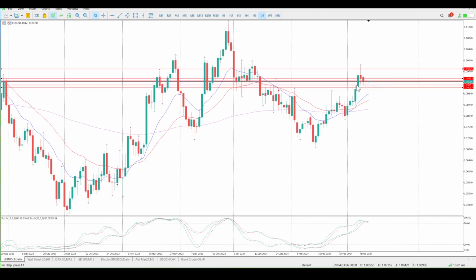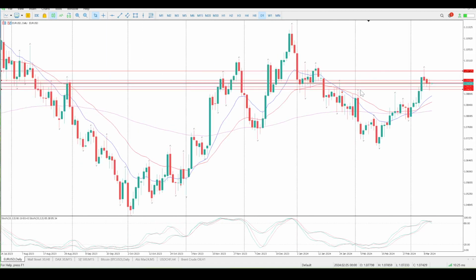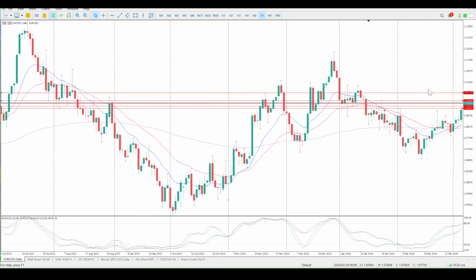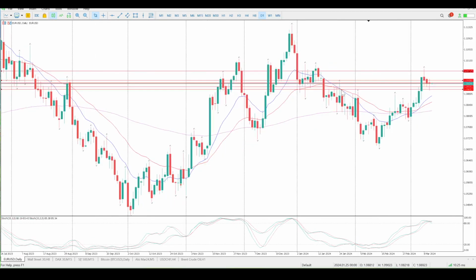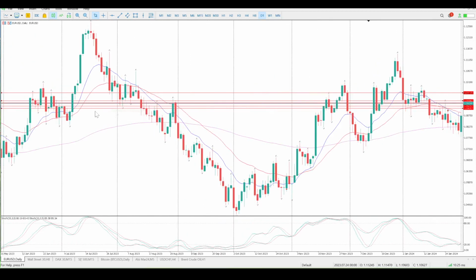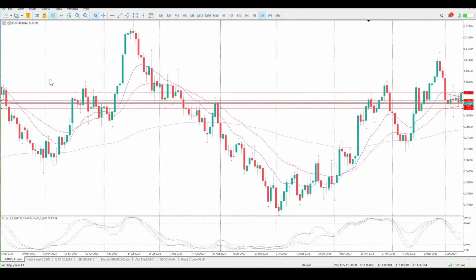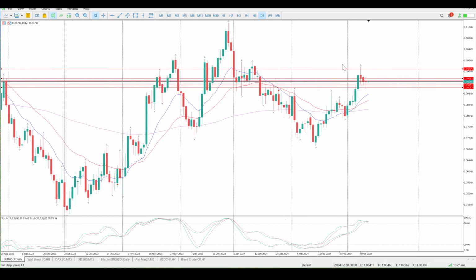So you'd be foolish to be looking for shorts here. You definitely want to be looking for longs, but it's not going to be easy because look at the left, you can see lots of resistance ahead of us. But that is the outlook.